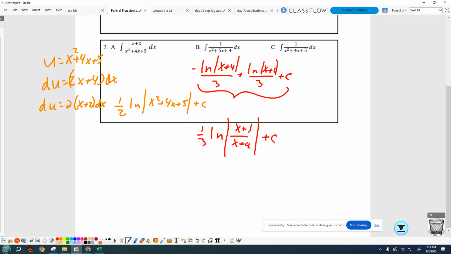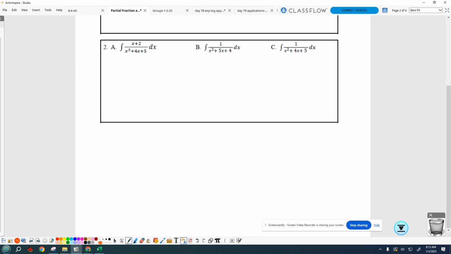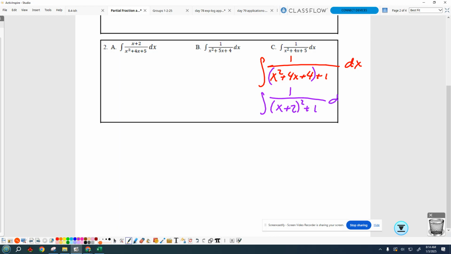Did anyone get 2C? Okay, this, I need to show you. I just made 5 before plus 1, is that fancy? Does that factor? Cameron, how does it factor? x plus 2, x plus 2.